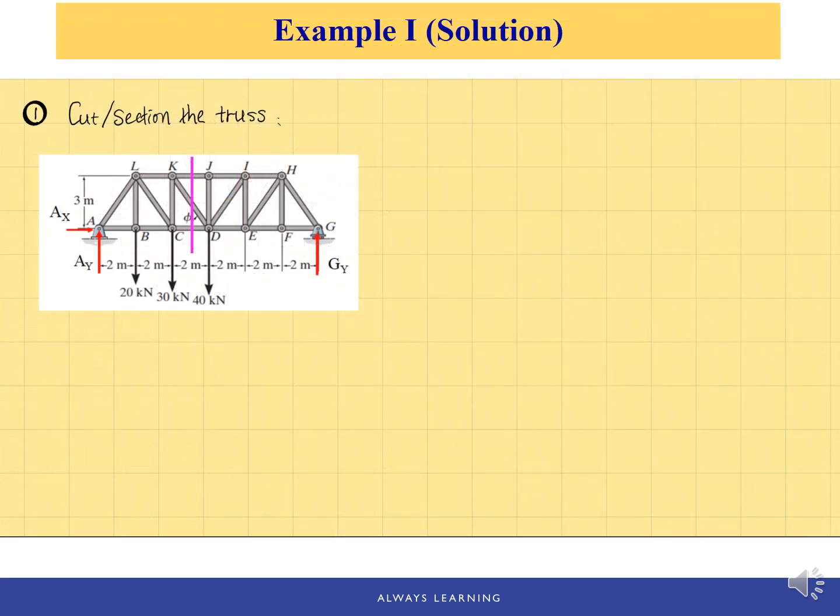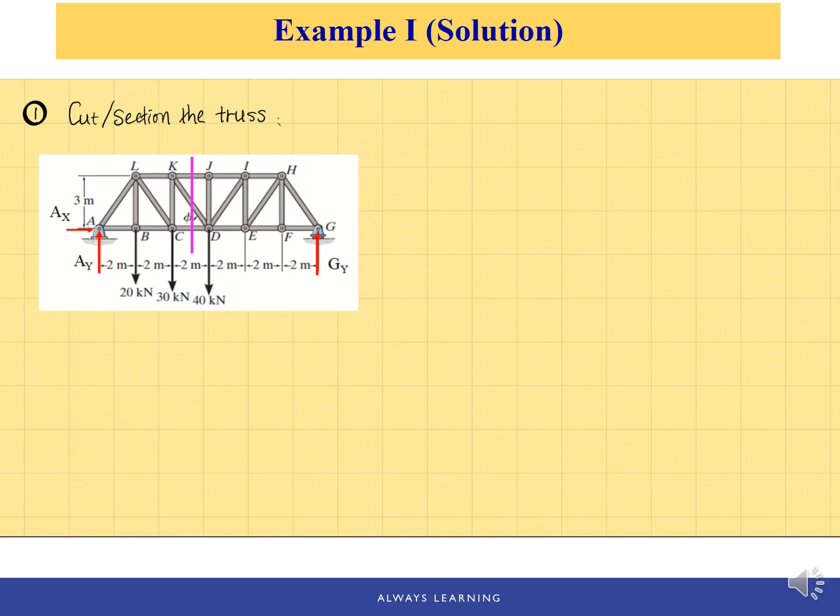So first I run an imaginary cut through the members we're looking for, KJ, KD, and CD. And then I need to decide which segment I am going to choose, left or right. Now if we take a look at the support reactions, no matter which segment we choose, we need to solve for the support reactions anyways.